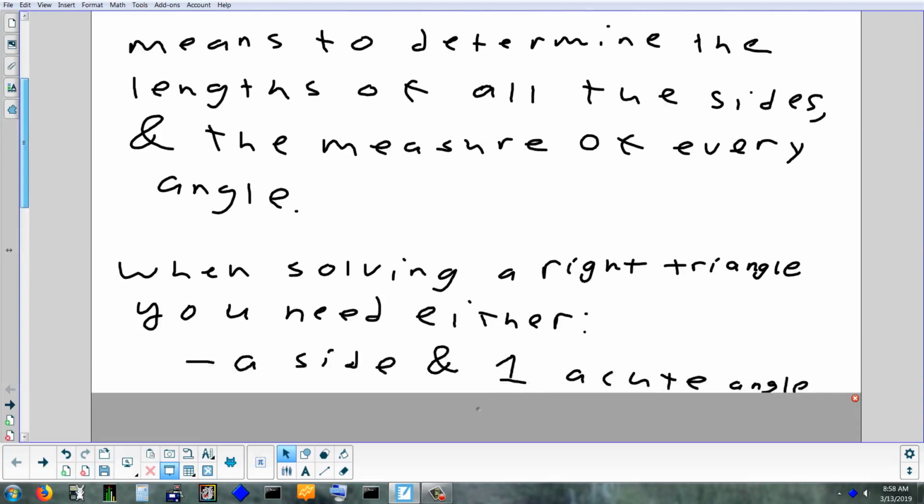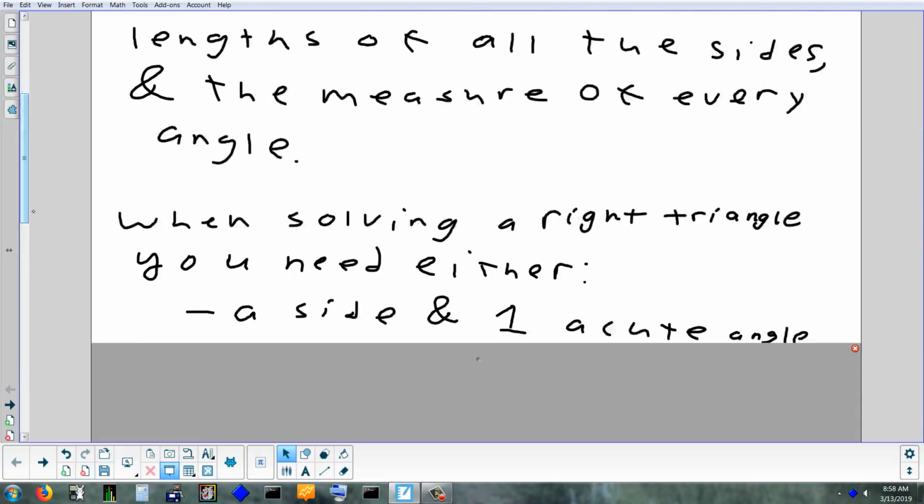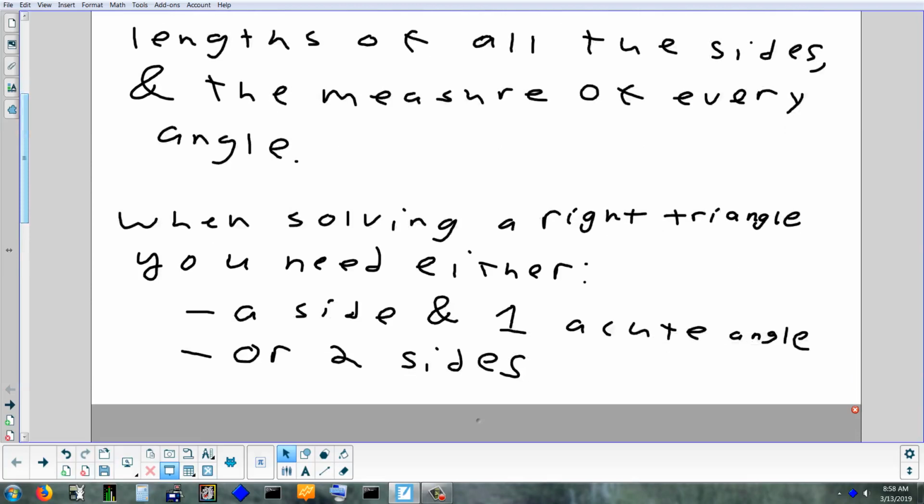So that you'd know 3 things: the 90, the length of a side, and the measure of one of the other smaller angles. Or, instead of giving you a side and an angle, I could give you both sides. So you'd know that it has a 90, and you'd know 2 out of 3 of the sides.